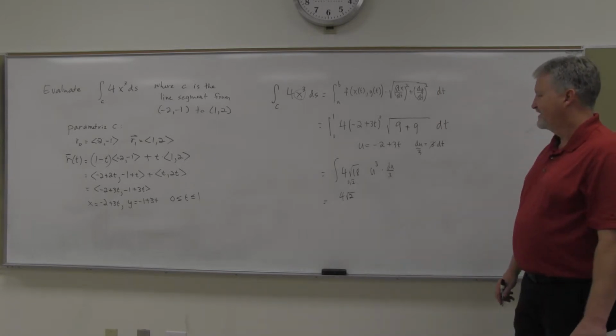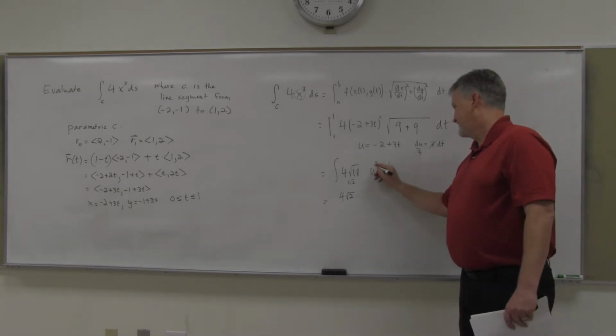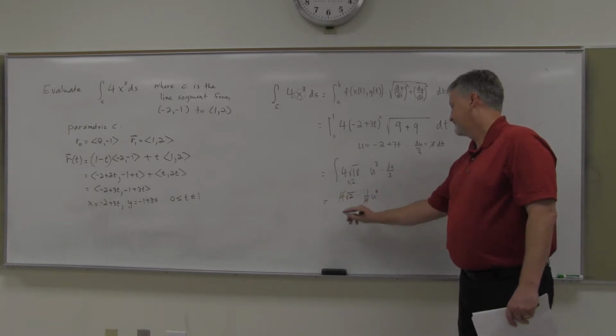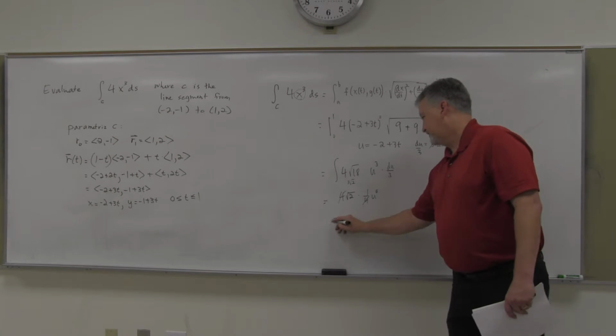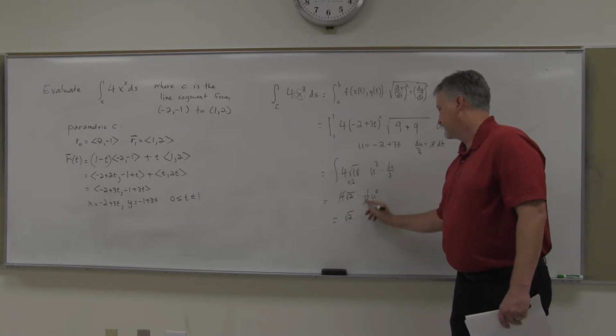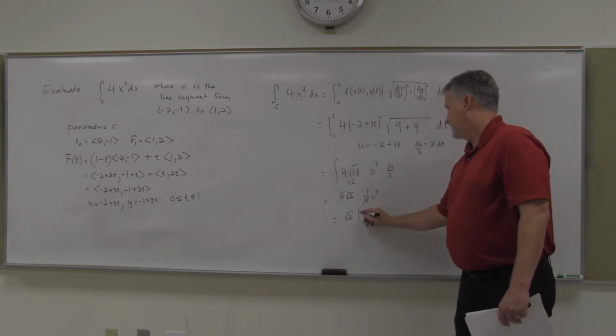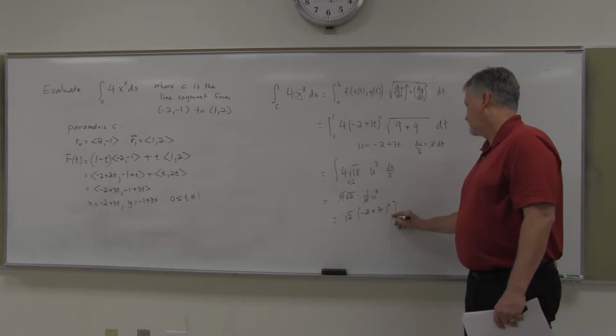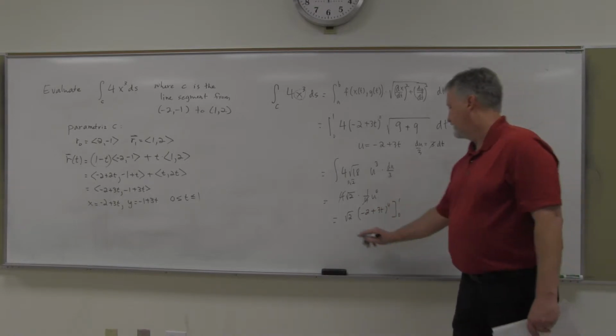Follow all that? It even works out nicer because we get 1/4 u to the 4th here, so the 4 is going to cancel. If we change it back to t, it'd be negative 2 plus 3t to the 4th, and the good news is we're going from 0 to 1 of that.